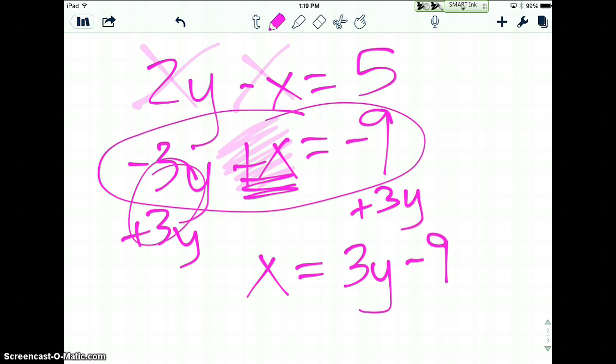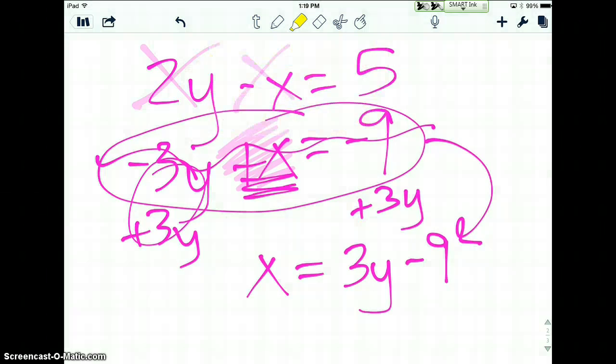So now I've taken this equation, I've rearranged it, and I'm now using it like this. And the reason I'm doing that is so that I can substitute this quantity, 3y minus 9, in for what? In for x. But where? Well, into the equation I have not used yet.